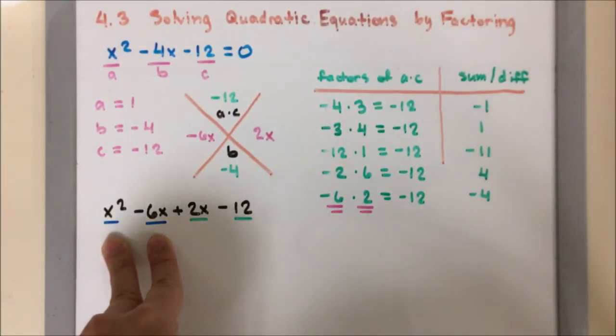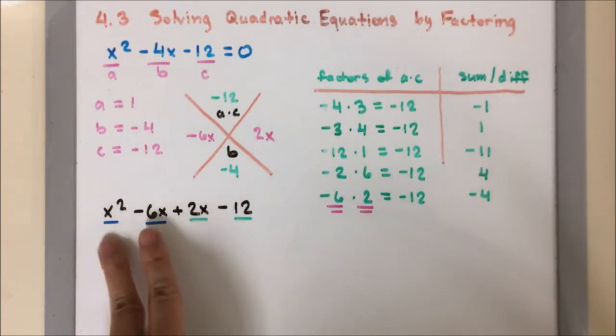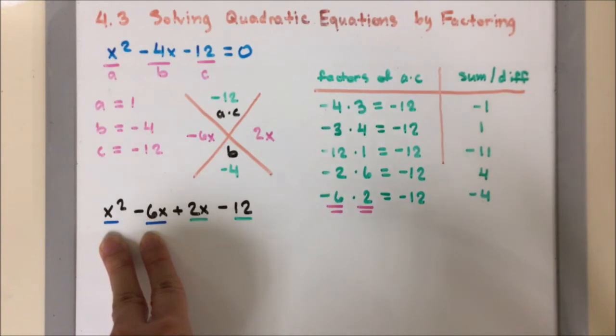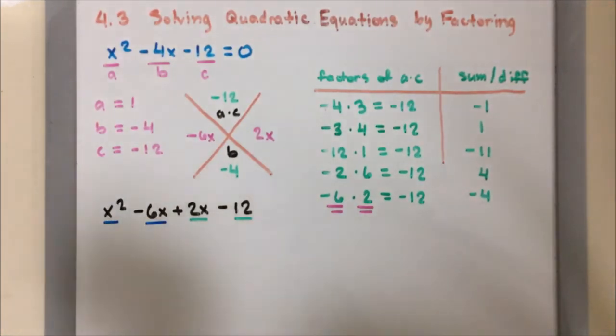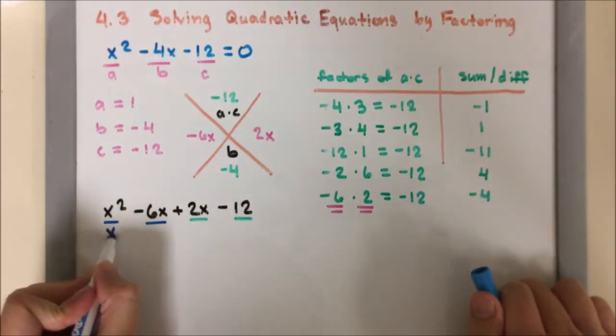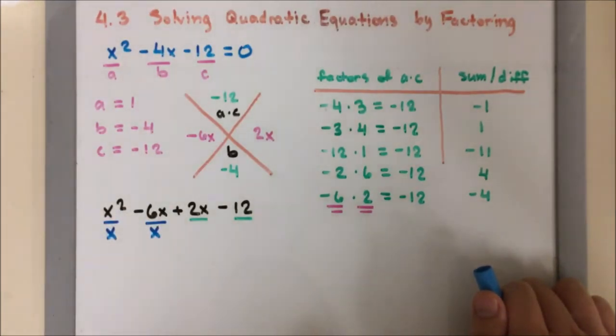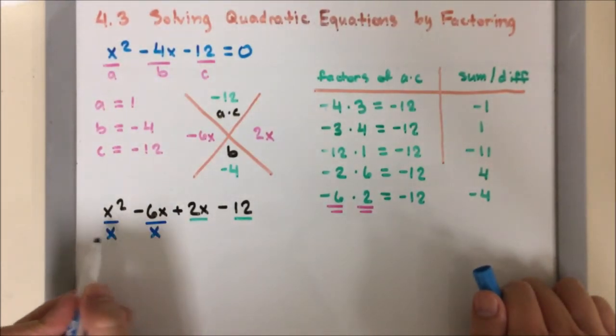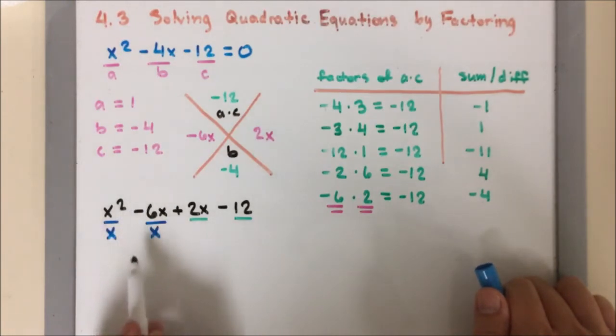So, when we factor by grouping, we're basically going to see what is in common between the two terms I underline in blue. So the only thing that's in common is that they both have x. So I'm going to factor out the x, meaning I'm going to divide. So this is my GCF, my greatest common factor on the left side.